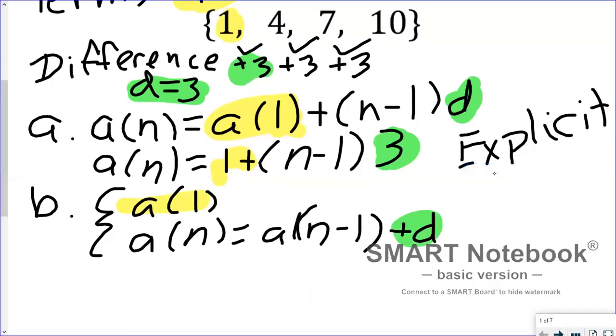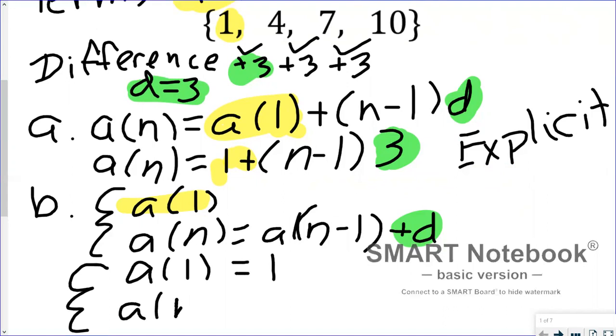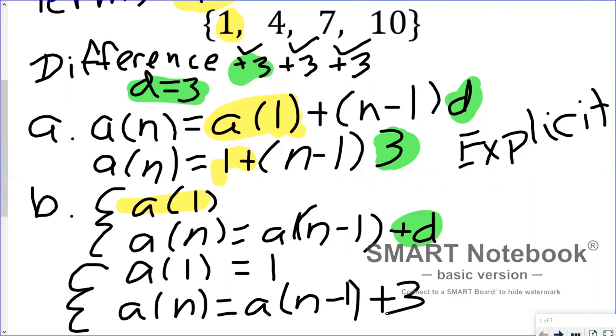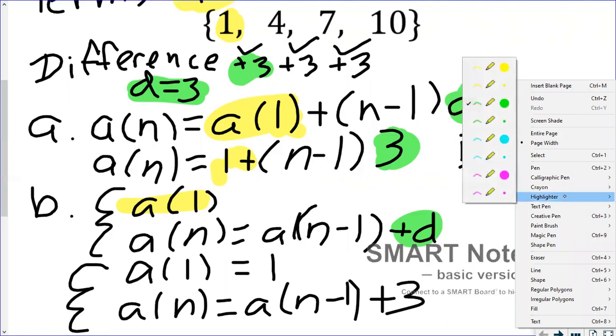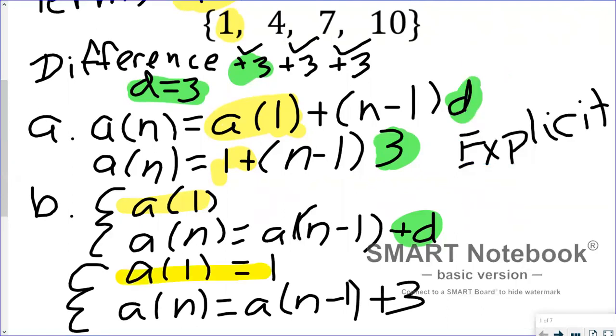So now all I have to do is just write in my formula. So we say A1 we know is 1, and then an equals an minus 1 plus 3. My highlighter, my A1 term is in yellow.